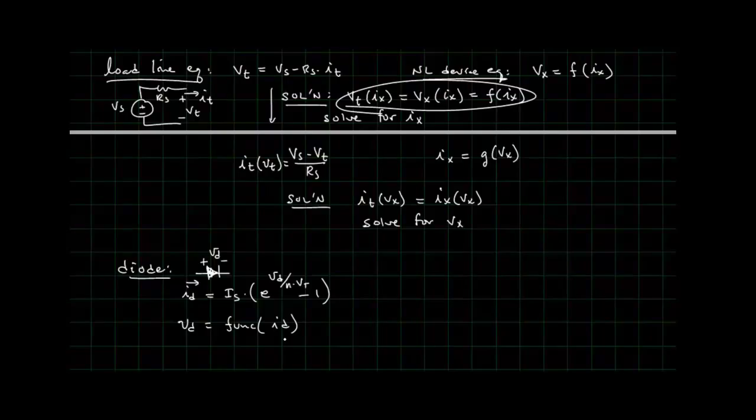So in this case you want to use the second form, where we'd say Vs minus Vt over Rs is equal to the diode current.